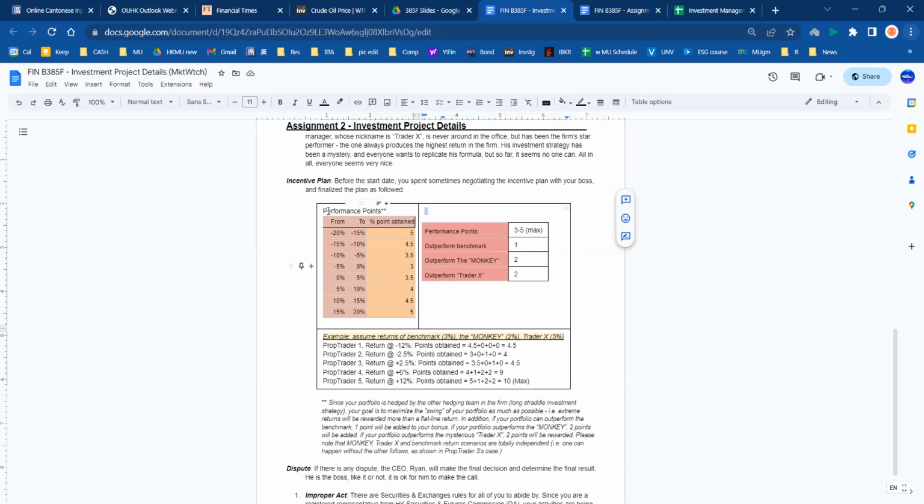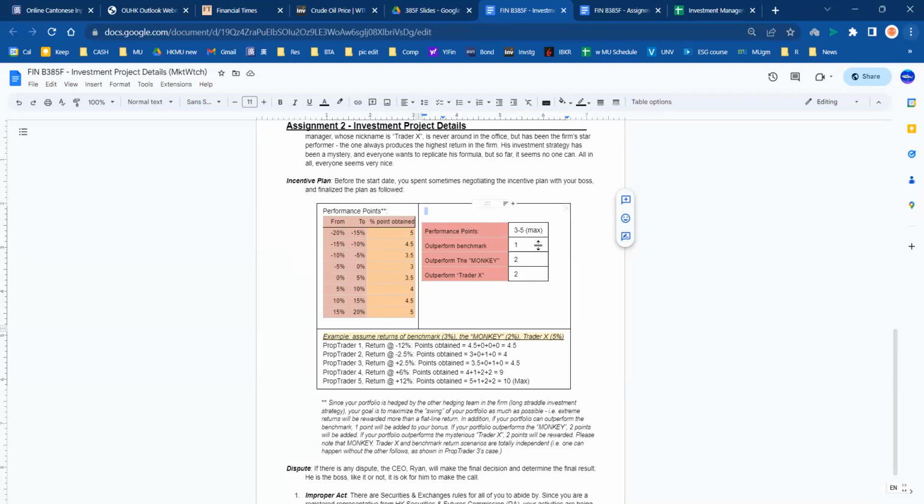If you lose more than 20%, even if you lose everything, you also get 5 points. If you make a lot of trades but your P&L is just between negative 5% and 5%, you get 3 to 3.5 points. So everyone will get at least 3 out of 5.